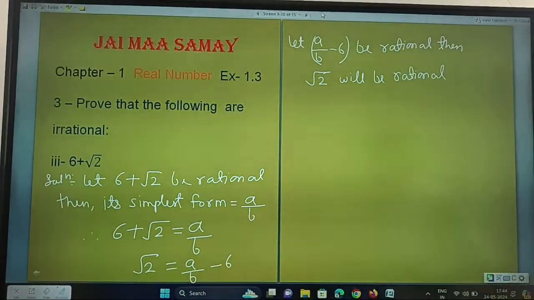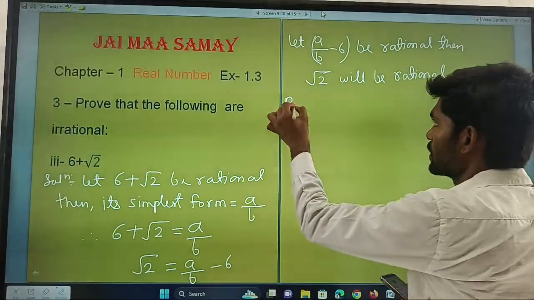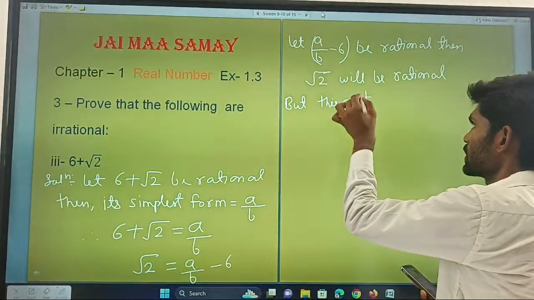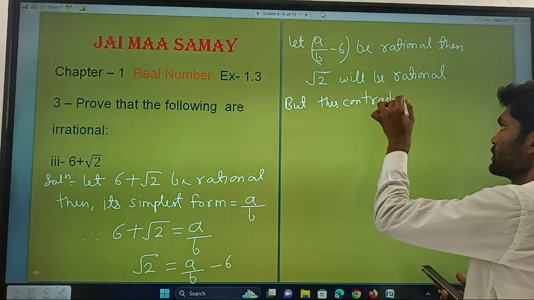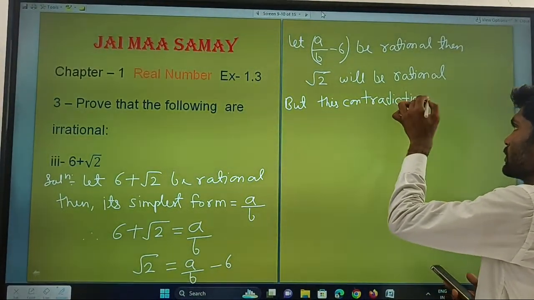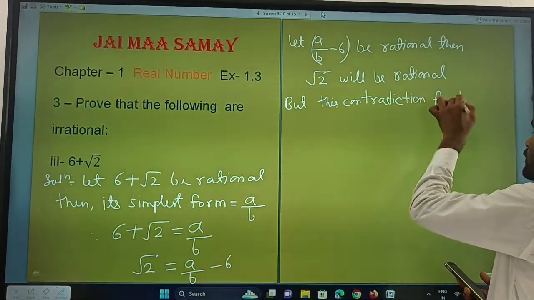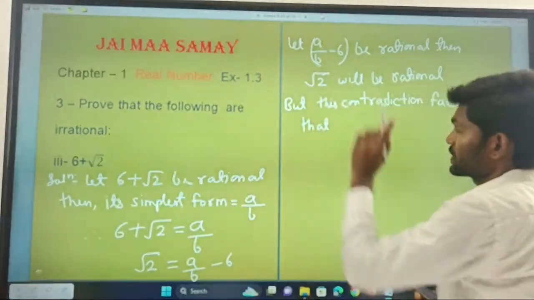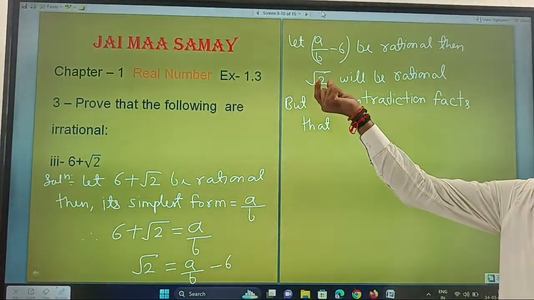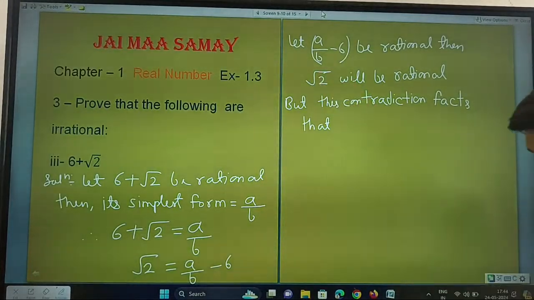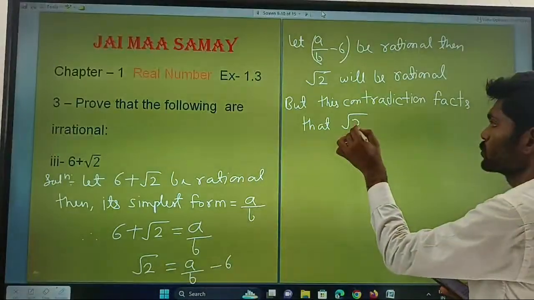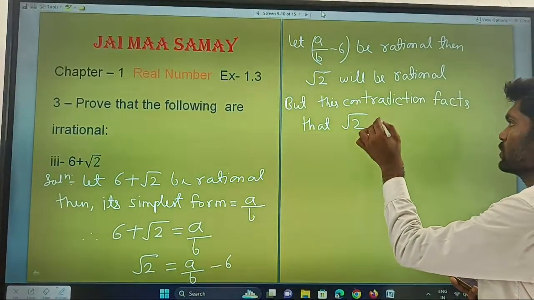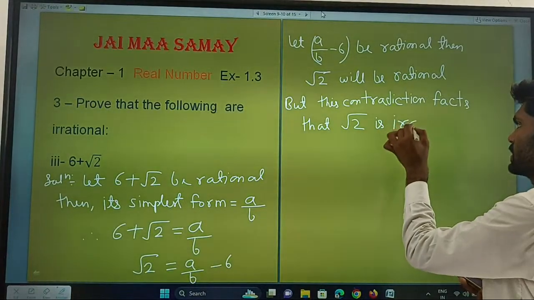Okay, dear? But this contradicts the fact that this is an irrational number. Why? Because this is not a perfect square. Under root 2 is irrational.